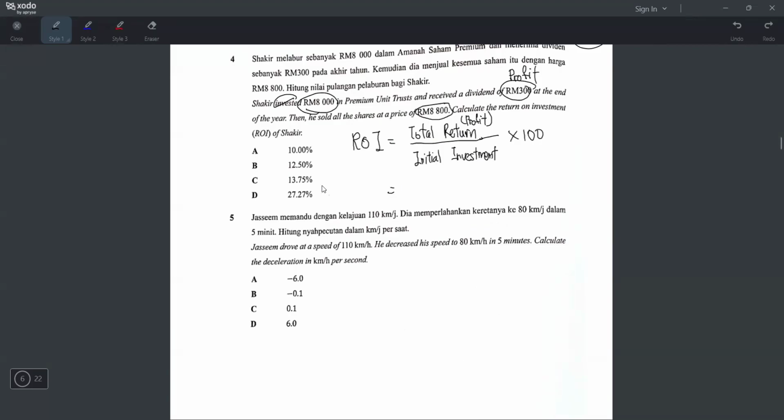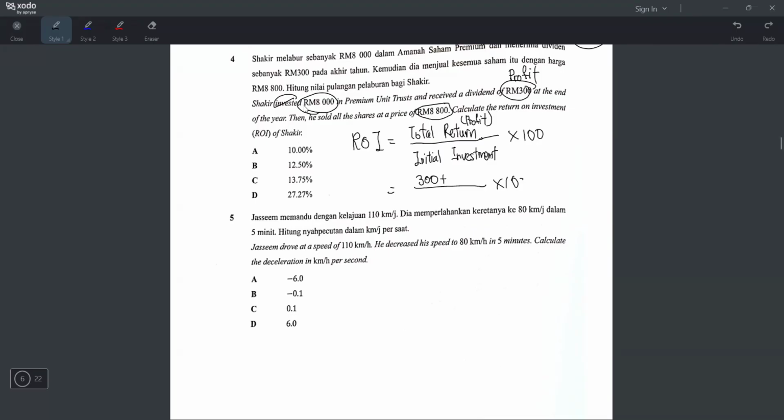Okay. All right. So now I can put in the formula and then I will get the answer. What is the total return or the total profit? 300 is a type of profit. So 300 plus, okay, this 8,000 is not the profit. This is the amount he spent to buy the unit trust.